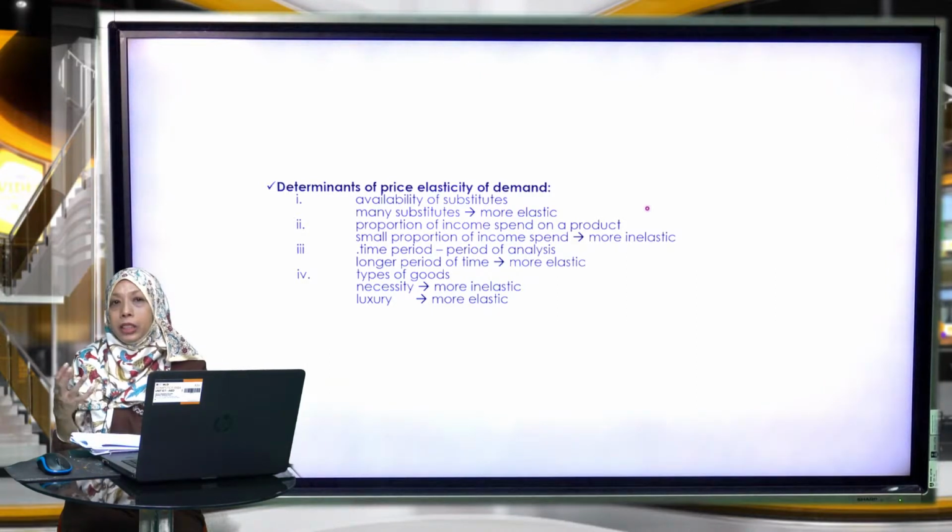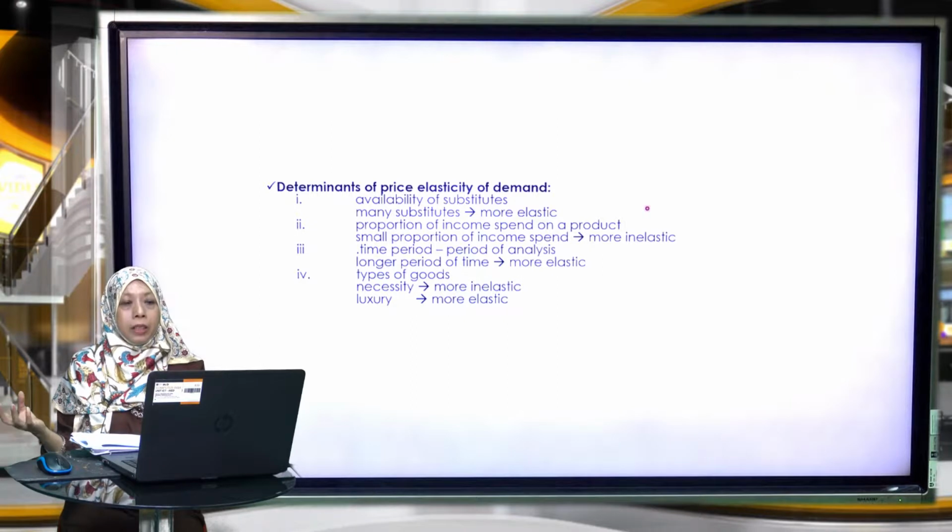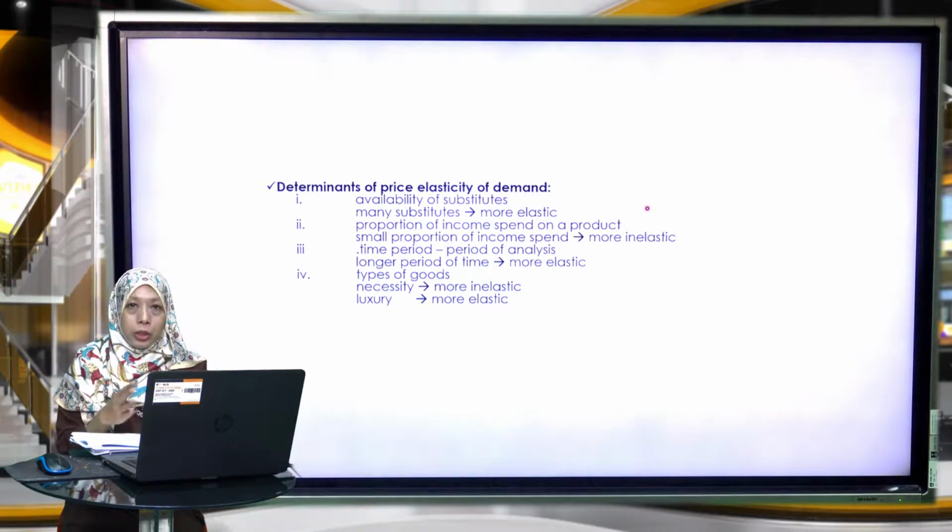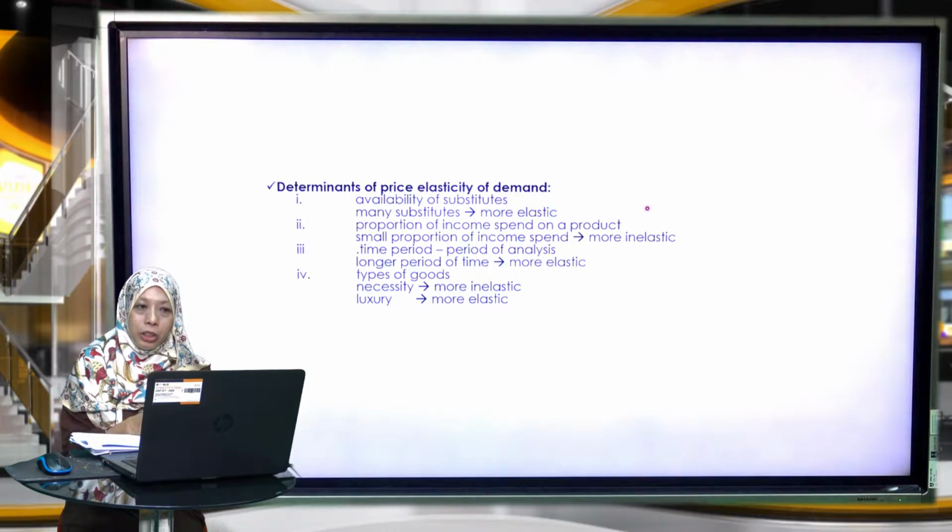You still need to send your children to school, for example. So you still need to buy petrol just to make sure that your car can move from one place to another. It wouldn't affect demand that much. So in the case whereby there are fewer substitutes, demand seems to be less sensitive, or inelastic.